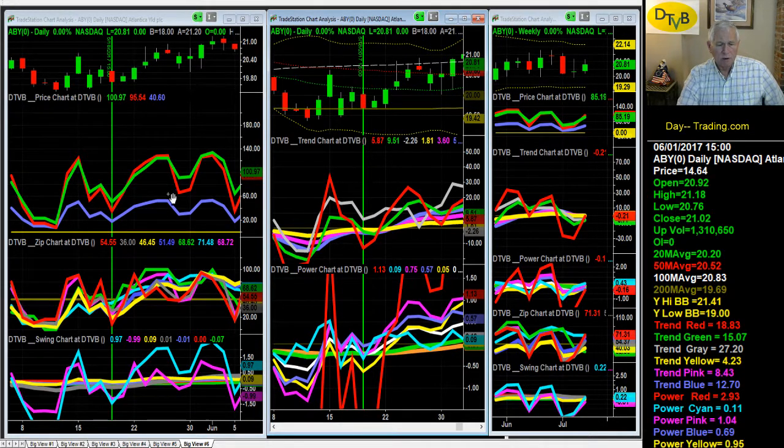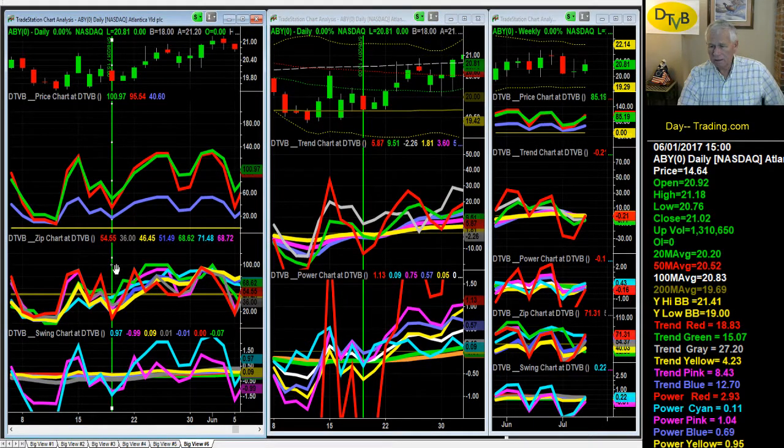And then over on the zip chart we have zip red at 8, I believe, and prior to that day, zip red was at 81. So you can see that zip red went down over 70 points, and that in itself is a strong indication of something happening the next day.